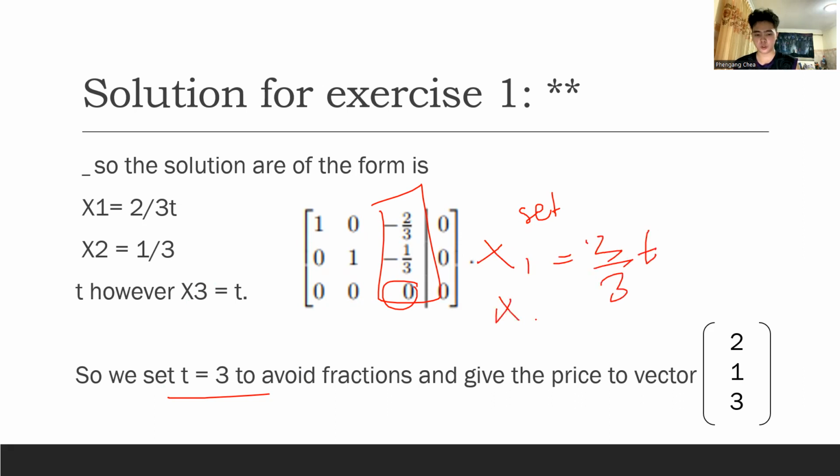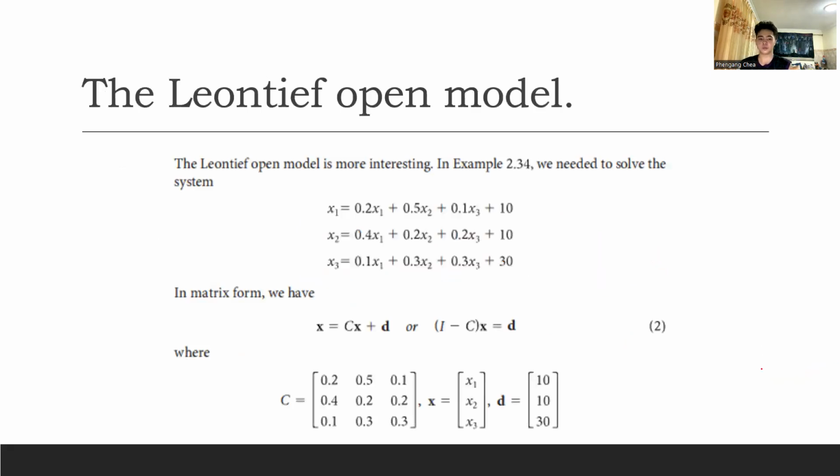This is the formula. And x2 is equal to 1 over 3 t. But actually we don't know the number yet because it's 0 here. So we assume that t equals 3 because we have the number 2 or 3 here. If we multiply it by 3, it will be easier for us to calculate. So this is the final answer for this matrix. So the price vector is 2, 1, and 3.